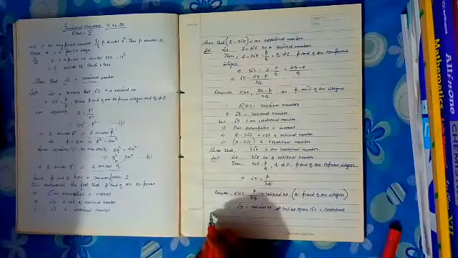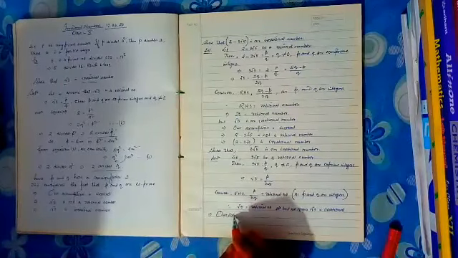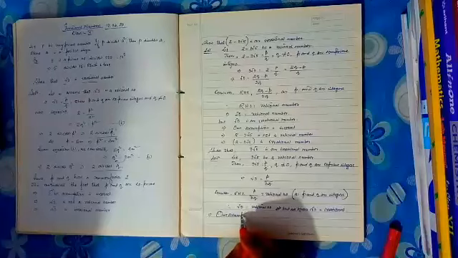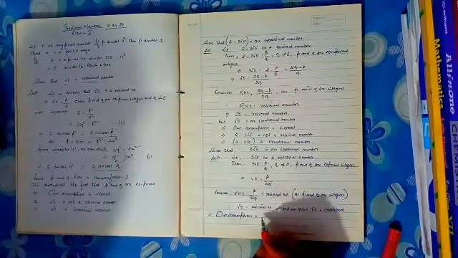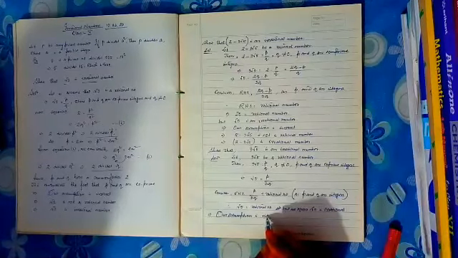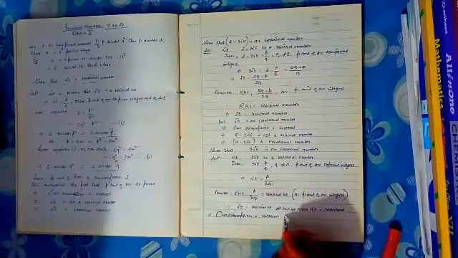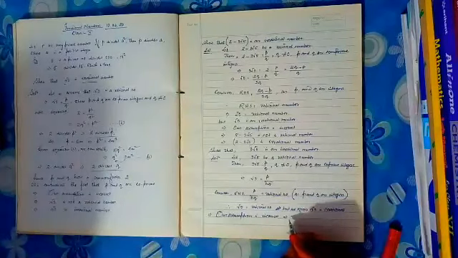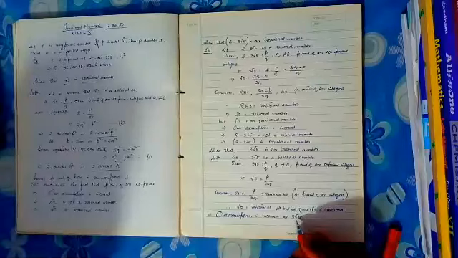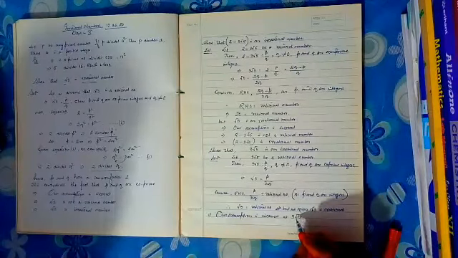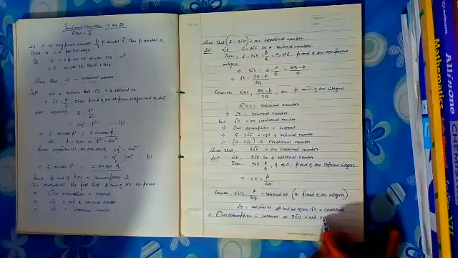This implies our assumption is incorrect. This implies 3 root 5 is not rational.